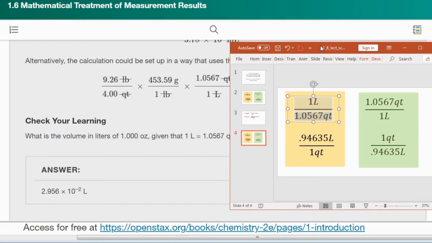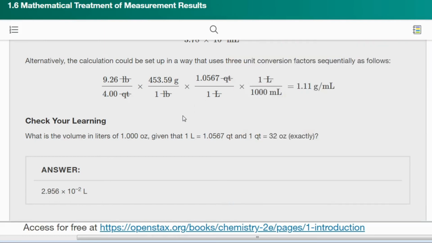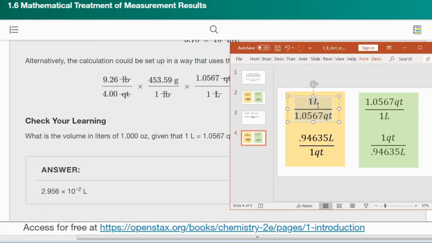Hang on, let me see this. I need to read this. Apologies here. What is the volume in liters of 1.000 ounces? So we want the result in liters. So 1 liter equals 1.0567 quarts.